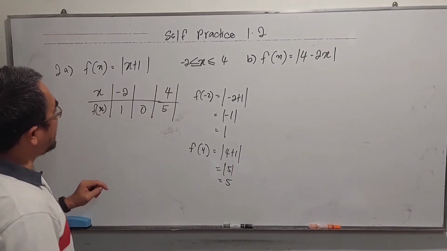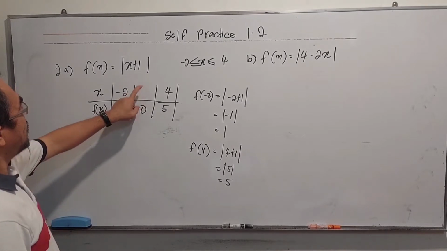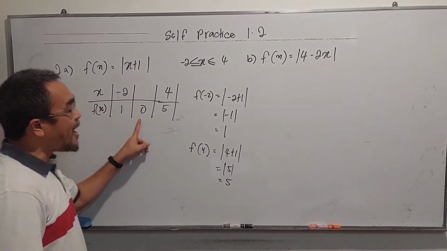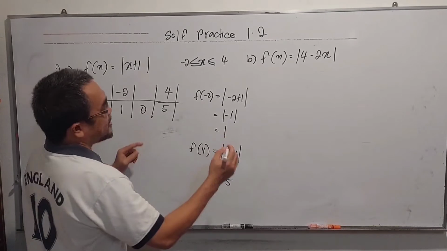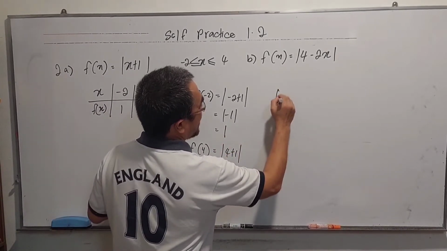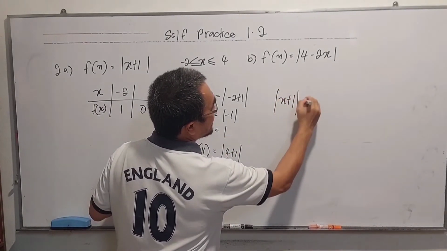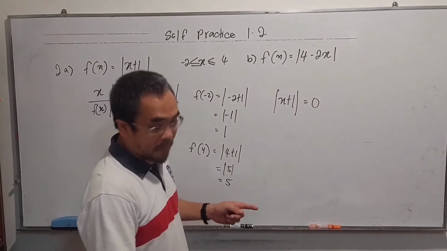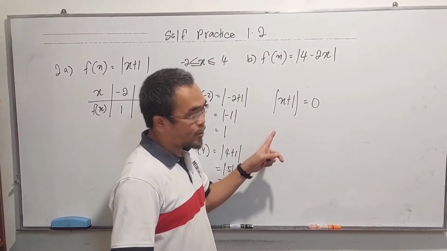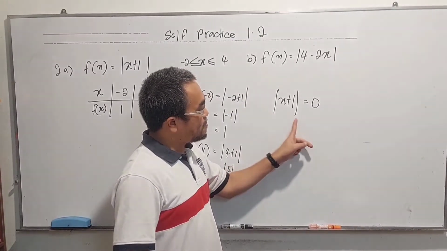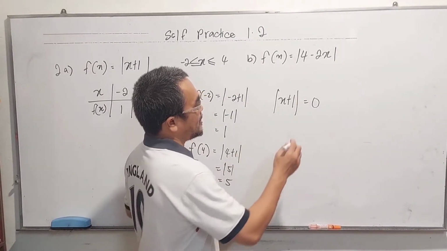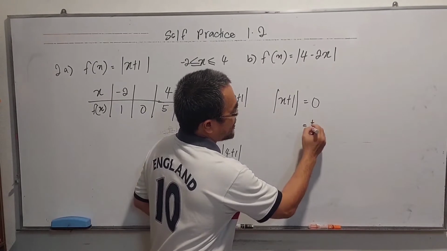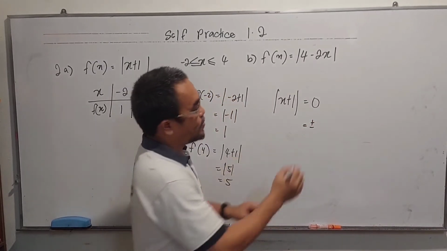And the other value is when f(x) is 0. When f(x) is 0, you have to say |x + 1| = 0. And how to calculate this? Later you have to know how to use this. This modulus, when you move it, becomes plus minus of the value.